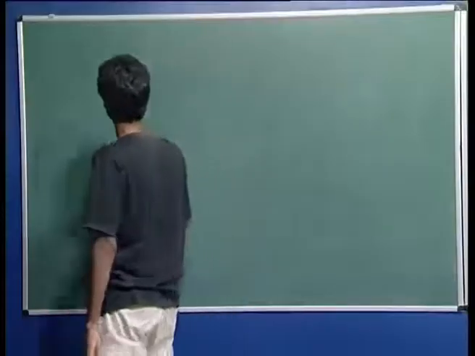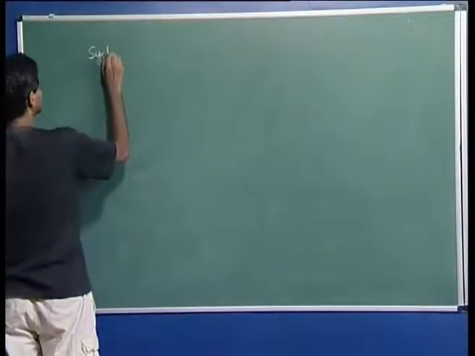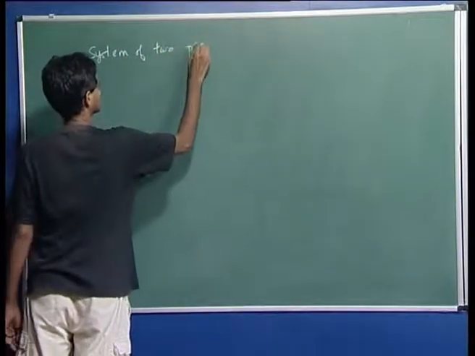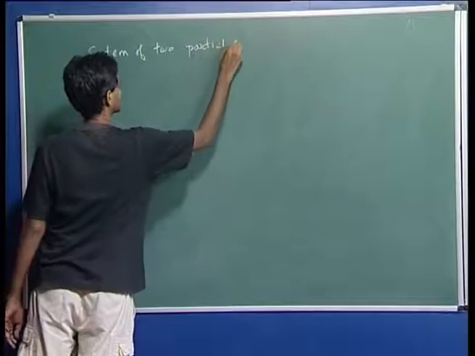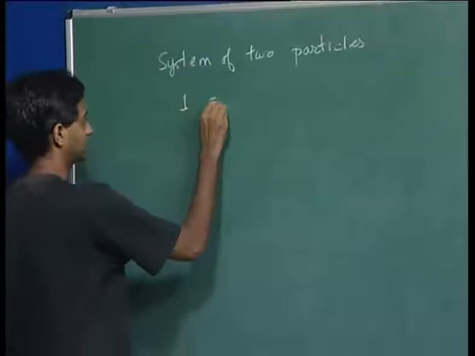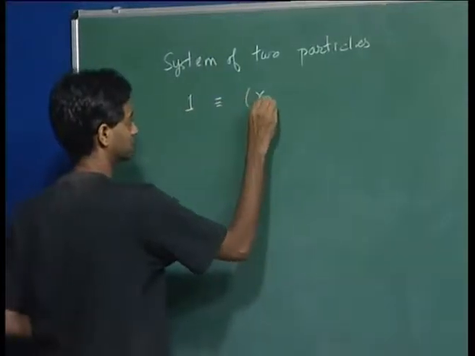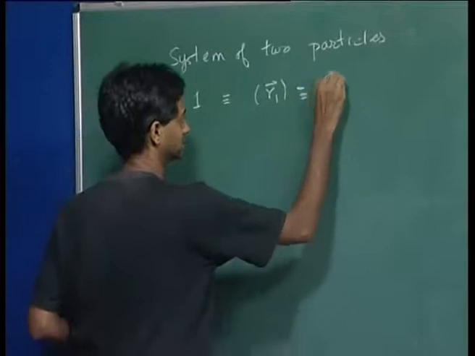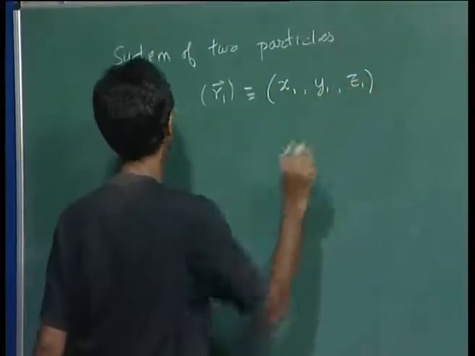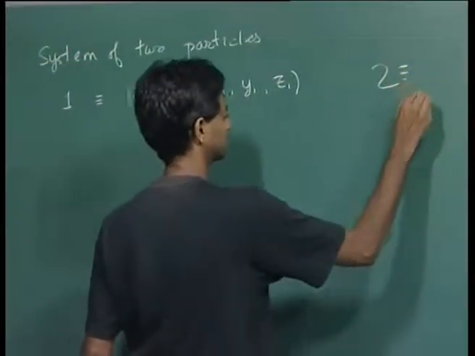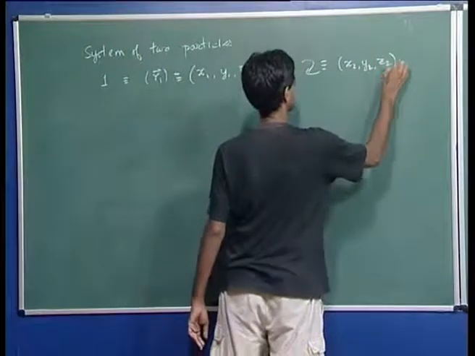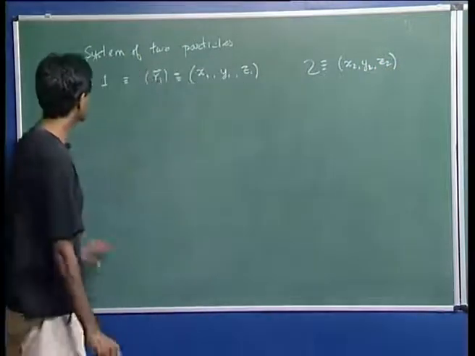Suppose there is a system of two particles. Particle 1 is located at R1, that is x1, y1, z1, and particle 2 is located at x2, y2, z2. Okay.